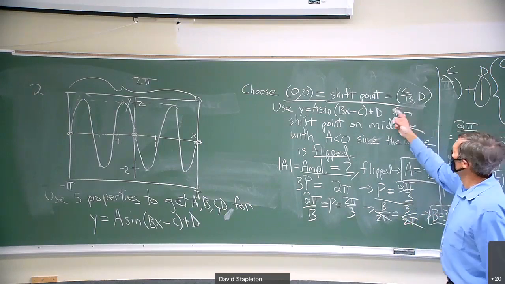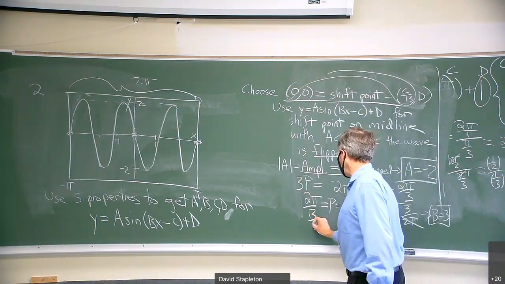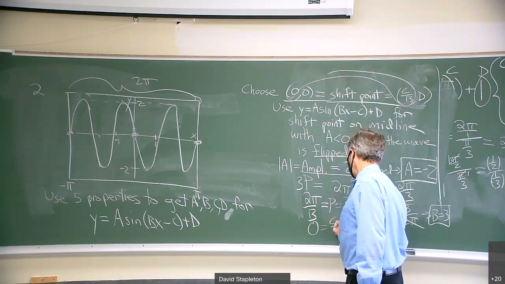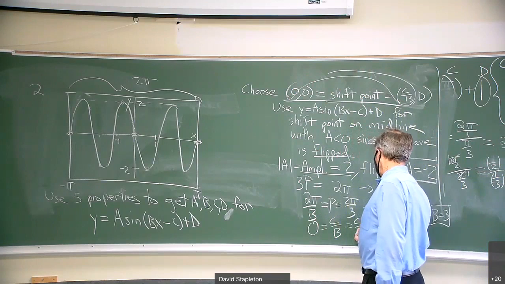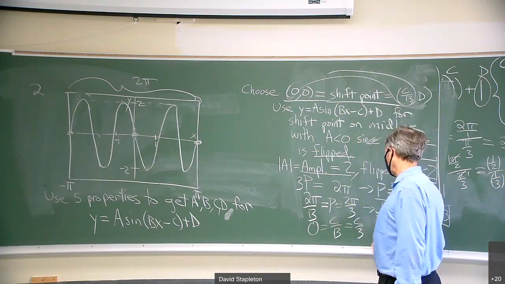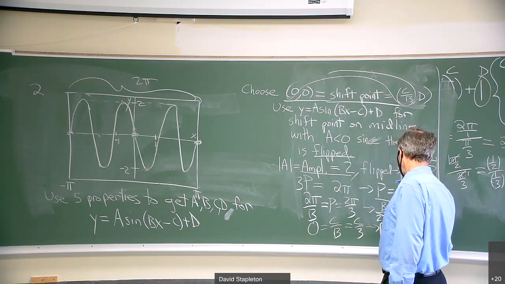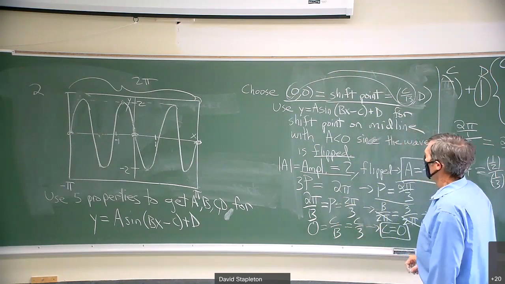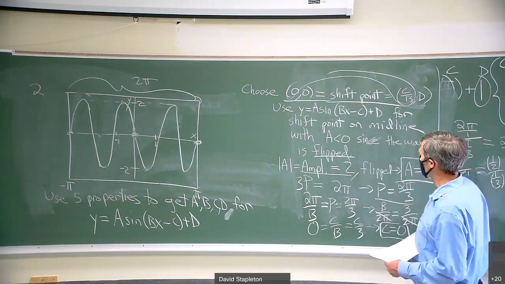Now what's C? From the beginning equation, we have 0 is C over B, and B is 3. So if C over 3 is 0, that tells me that C is 0, right? Multiply both sides by 3. Then D is the vertical shift, but there is no vertical shift, right?